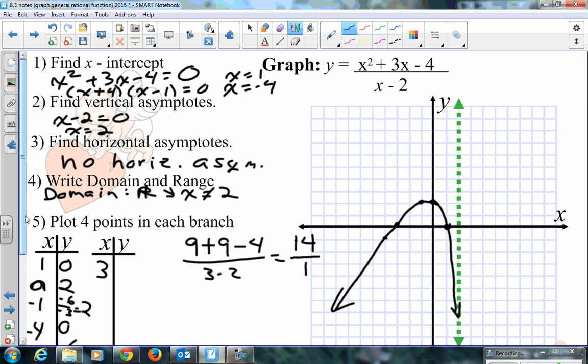So 18 minus 4 is 14. Wow. See? 14. That's off of here.